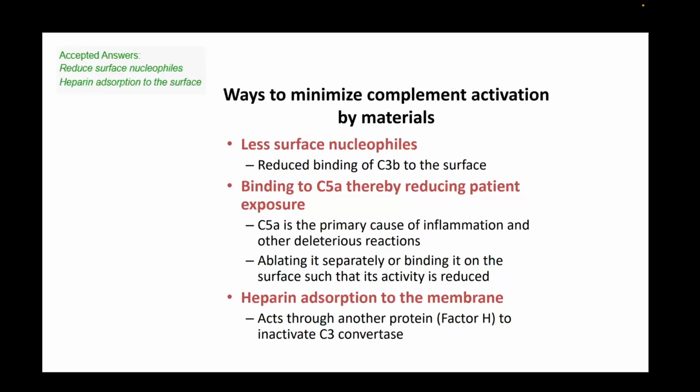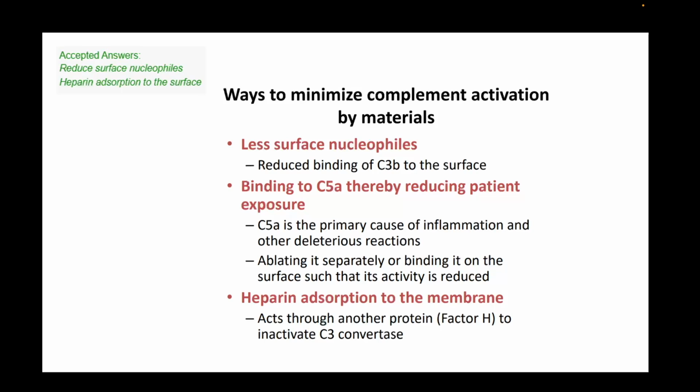So the correct answer here would be reducing surface nucleophiles and heparin adsorption to the surface. There are three main ways to minimize the complement activation by materials. One is reducing the surface nucleophiles, which reduces the binding of C3b to the surface.